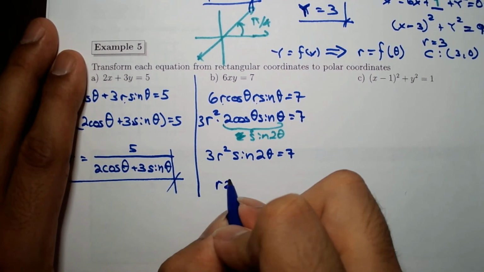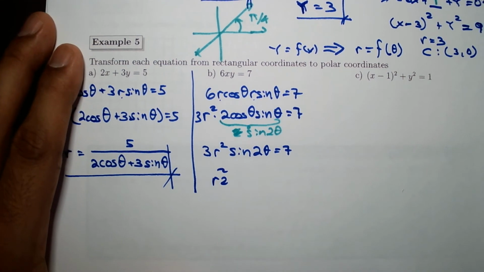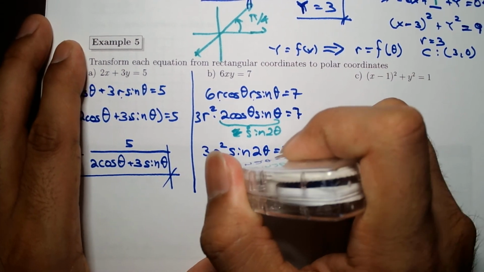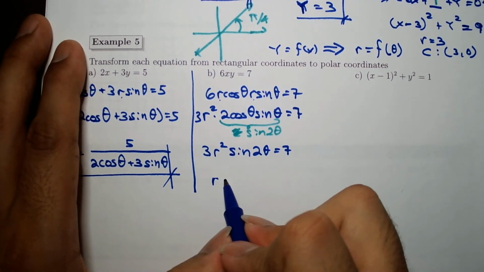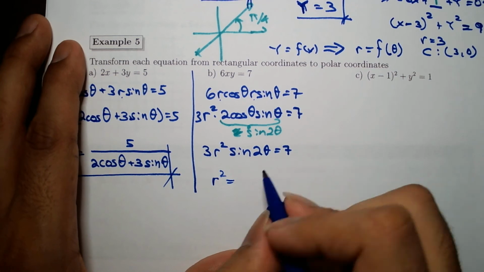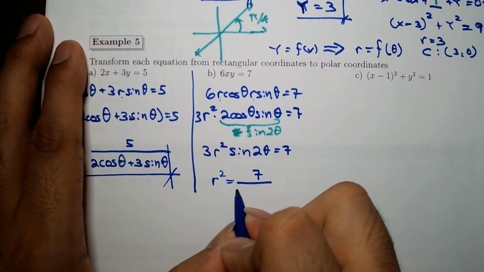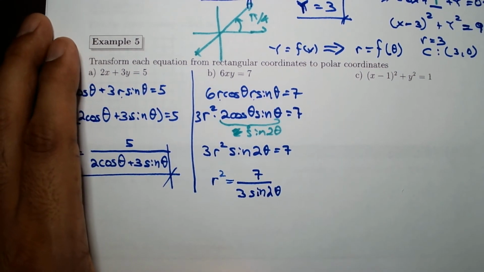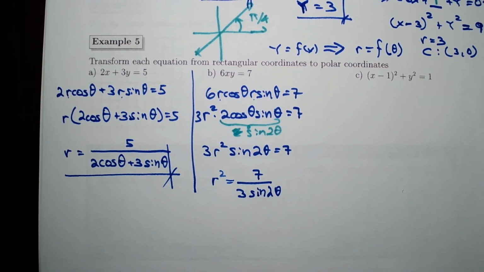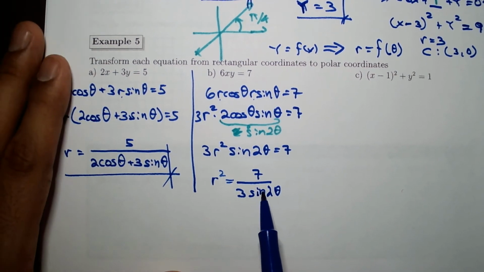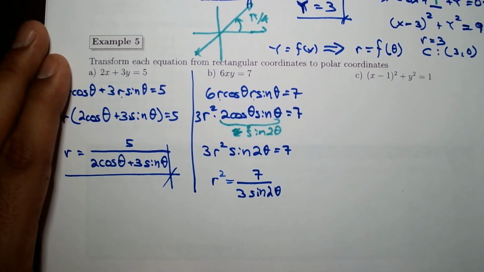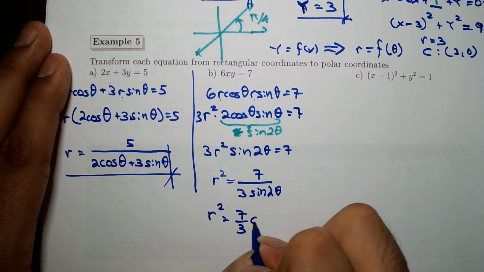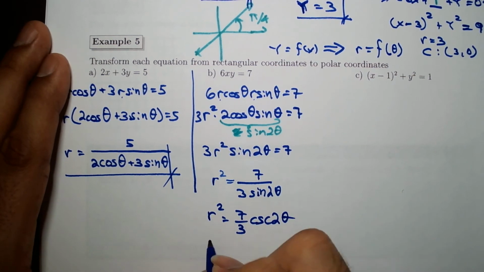So r squared equals 7 over 3 sine 2 theta. You might want to use identities to move the sine to the numerator and have r squared equals 7/3 of cosecant 2 theta.